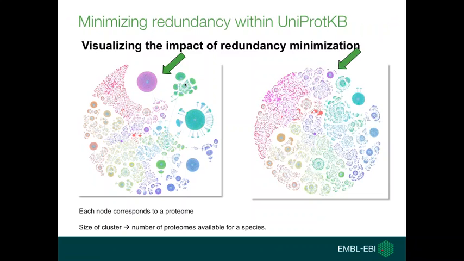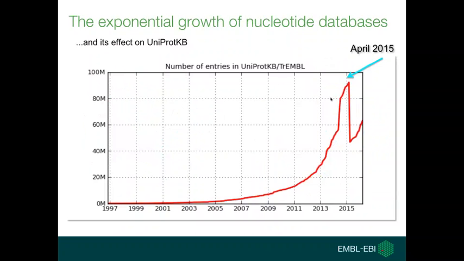After minimization, the sizes were largely reduced. You have a more granular figure on the right, but the impact on the database as a whole was dramatic. In April 2015, we implemented this procedure for the first time, and around 50 million sequences were deprecated overnight.